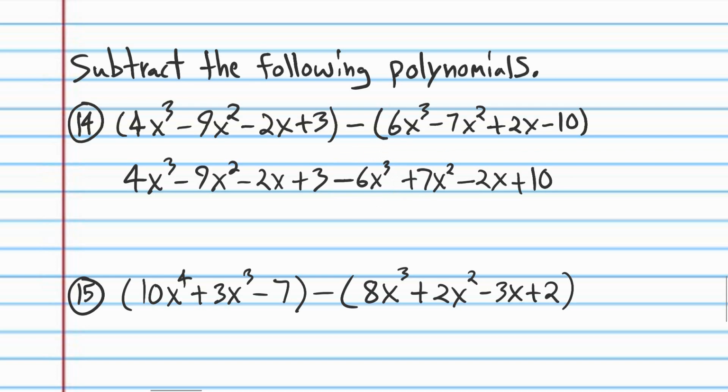All right, so at this point, it just reduces to the problems that we just did. So all we do is just simplify, and that's it. That's subtracting polynomials. So you can see it's a little bit more difficult, but it's still pretty easy. So let's go ahead and combine these terms. The x cubed terms are the highest power. So that would be negative 2x cubed.